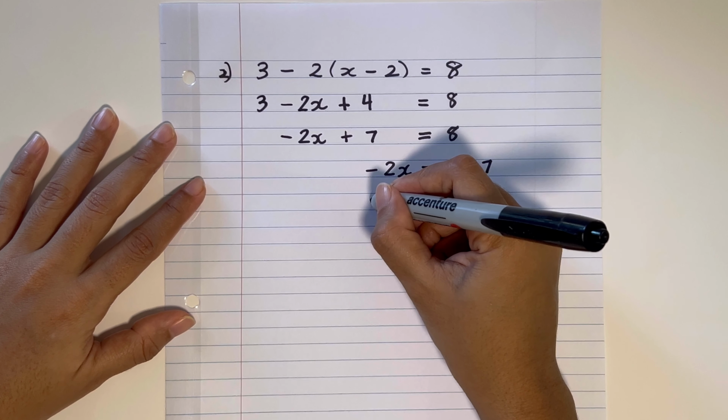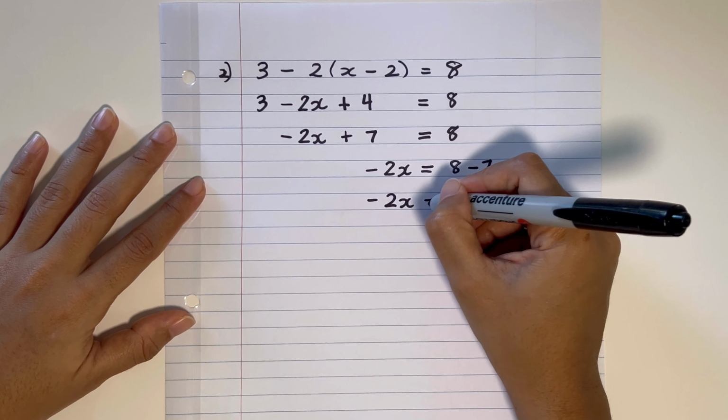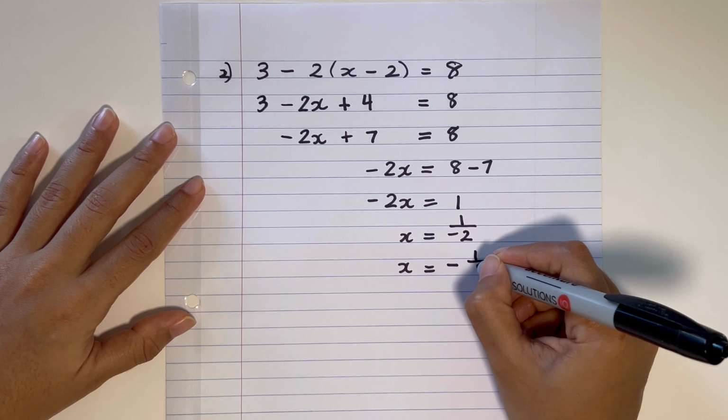So this will give me negative 2x is equal to 8 take away 7, which is 1. And therefore, if negative 2x is equal to 1, then x is equal to 1 divided by negative 2. Since this is a positive divided by a negative, the answer will be negative a half.